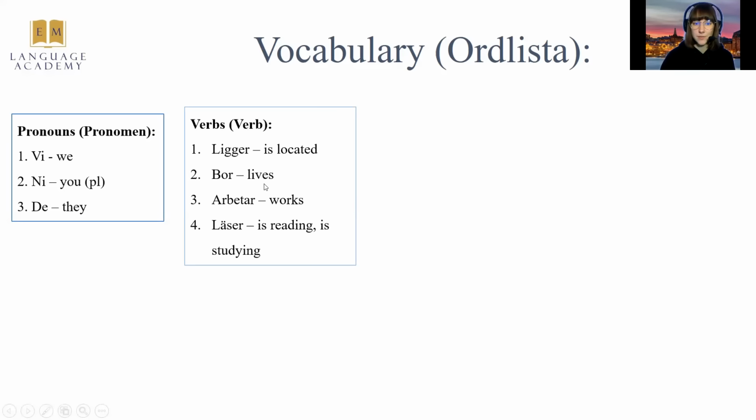Bor, lives. Arbetar, works. Läser, is reading or is studying. I have never mentioned that the verb läser has two different meanings. The first one is to be reading, "han läser en bok," but we might also use the very same verb to say that we are studying. Till exempel, "vi studerar" eller "läser svenska." "Vi läser svenska." We are studying Swedish.